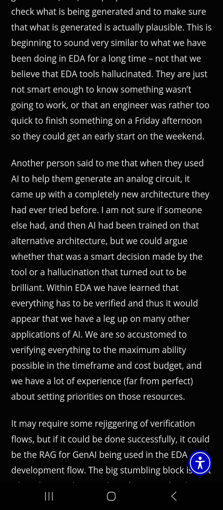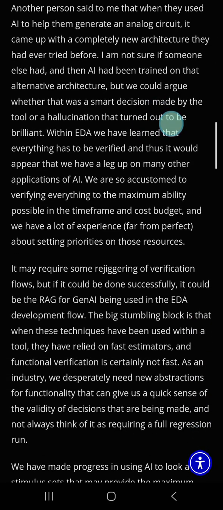I'm not sure if someone else had, and the AI had been trained on the alternative architecture, but we could argue whether that was a smart decision made by the tool or a hallucination that turned out to be brilliant. Within EDA, we have learned that everything has to be verified, and thus it would appear that we have a leg up on many other applications of AI.